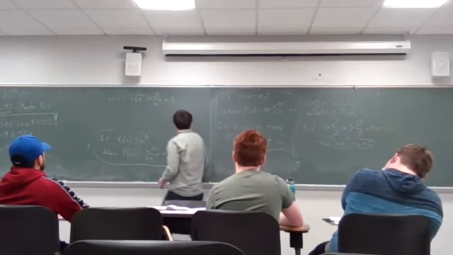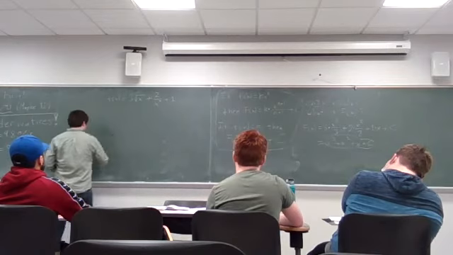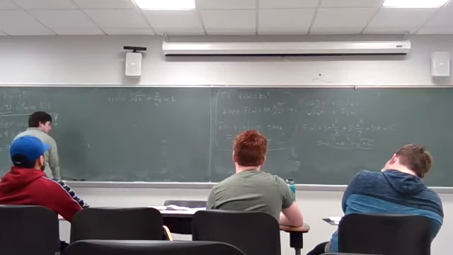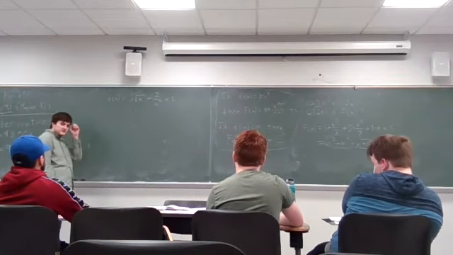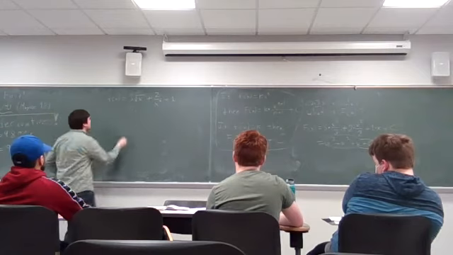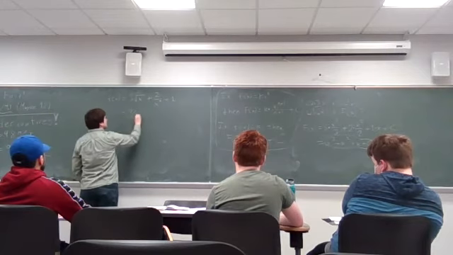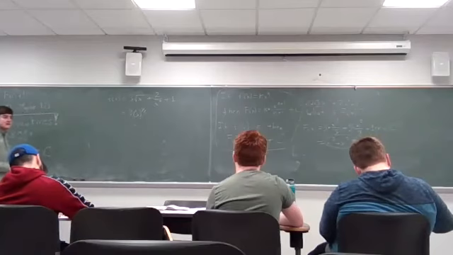So let's see. What should the first steps be here? What are some ideas? Get rid of the square root. Okay, get rid of the square root. What do you do? 1/2. Good. So we won't get rid of it necessarily, but we'll rewrite it as x to the 1/2, right?